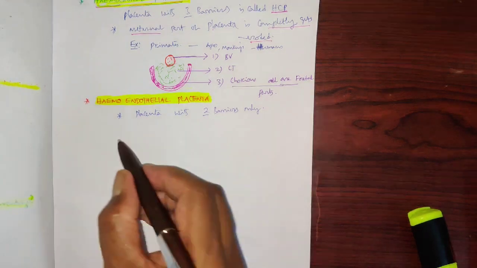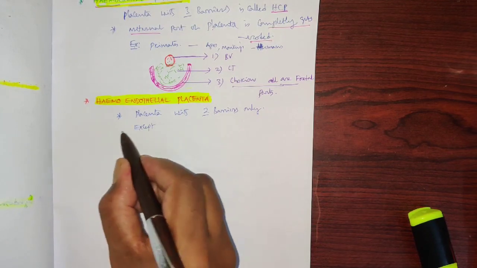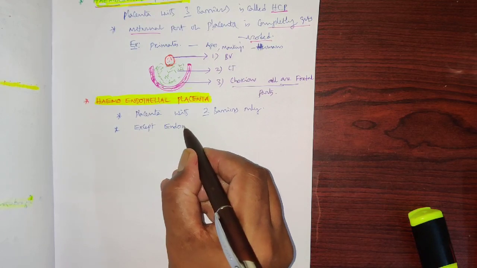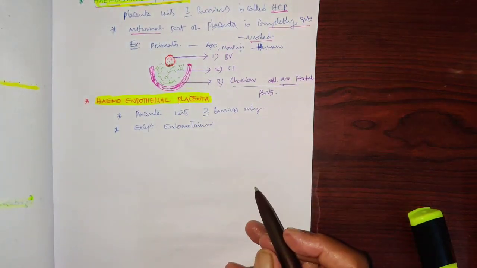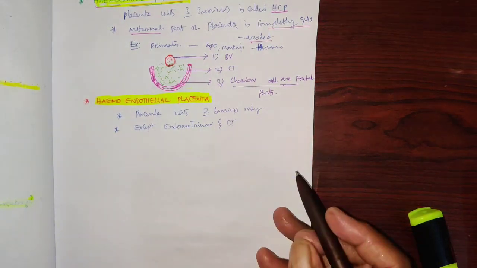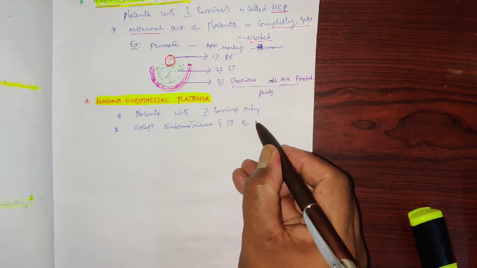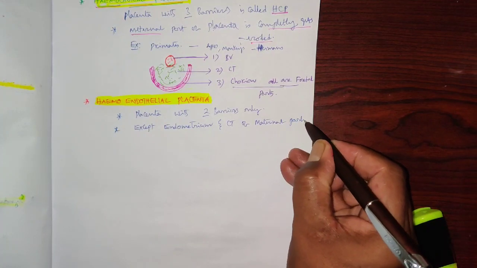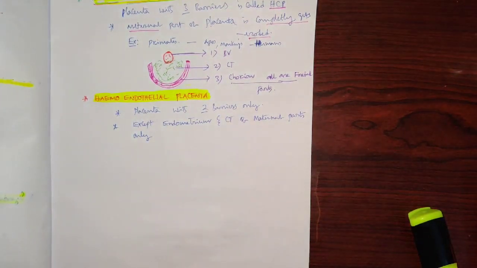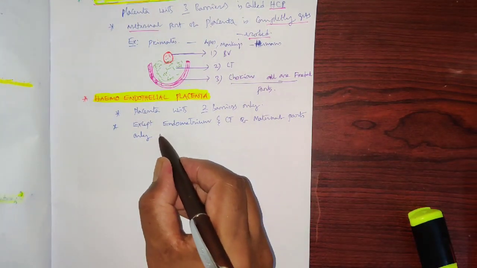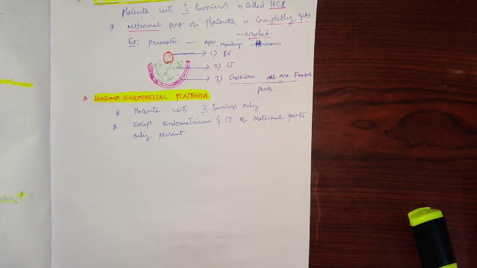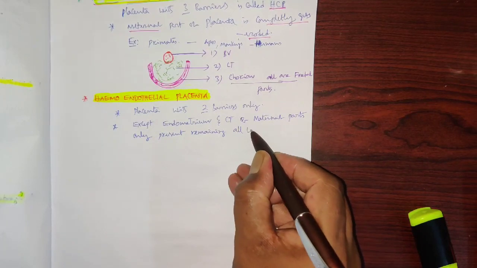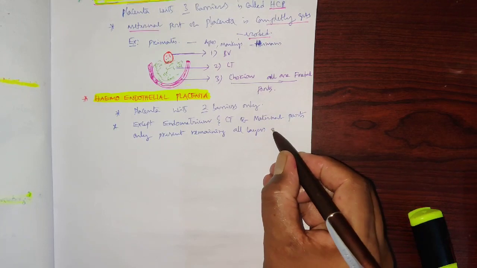Except the endometrium of maternal and connective tissue of maternal parts only appear or are present. All remaining layers or barriers disappear.